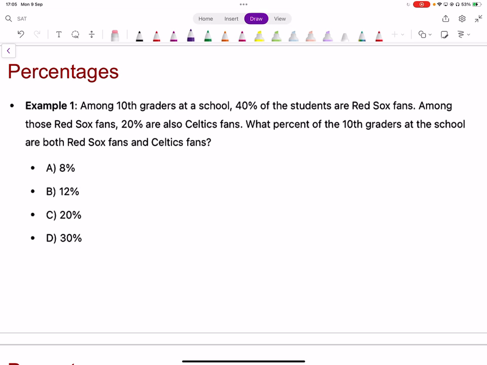Let's suppose the total number of students is X. 40% of the students are Red Sox fans. How do you find 40% of X? What's 40% of X? You multiply by 40 over 100, which is 0.4, right? So that's how you can start. You can say multiplied by 40 over 100, and that gives you 0.4 times x.